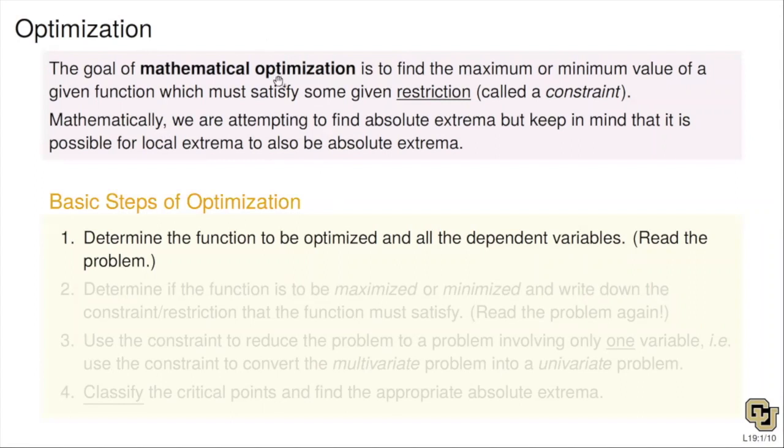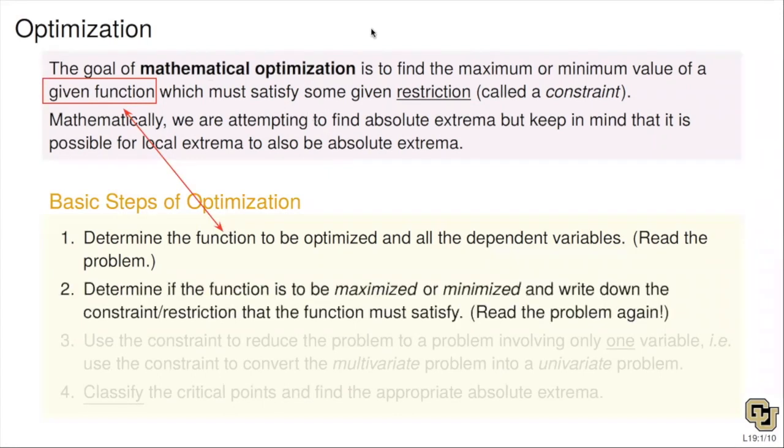First, one step is to determine the function to be optimized. So in every optimization problem, there's some function to be optimized. Then to determine what type of optimization problem. So when we say optimization, we're either talking about maximizing or minimizing.